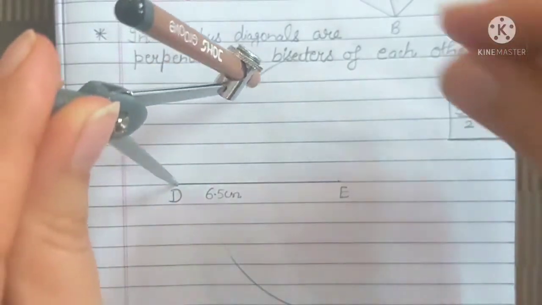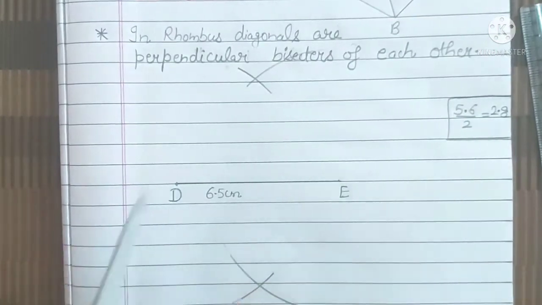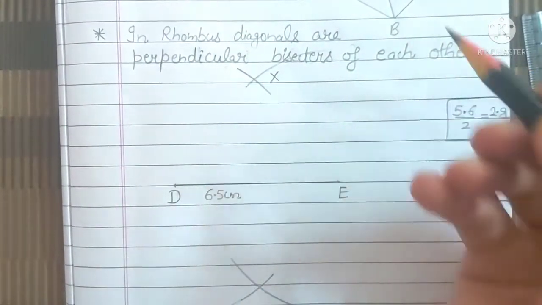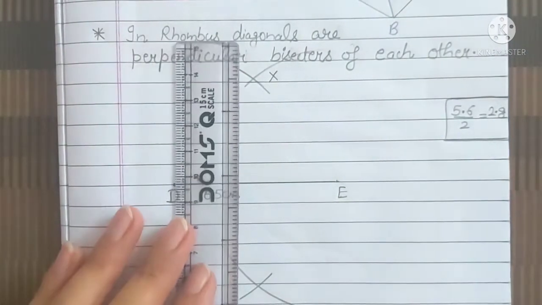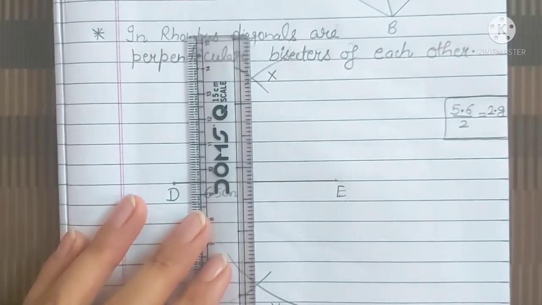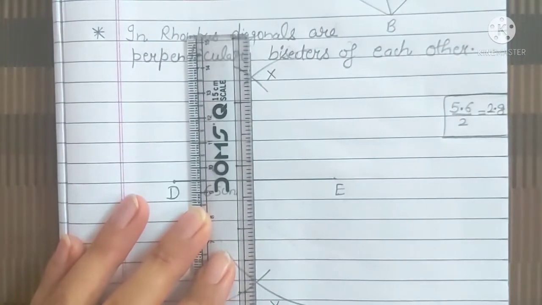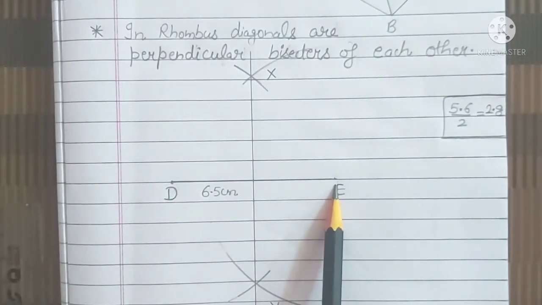So let's see. Like this. Let's say it is point X and Y. So what we will do? We will join the line passing through X and Y. This is perpendicular bisector of diagonal DE.